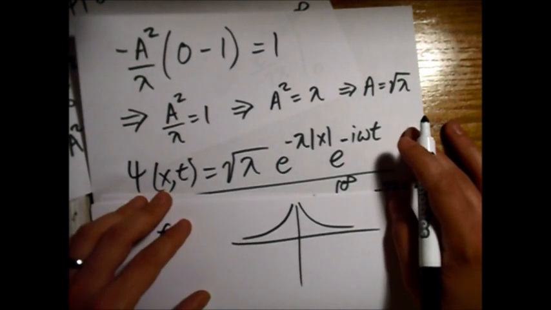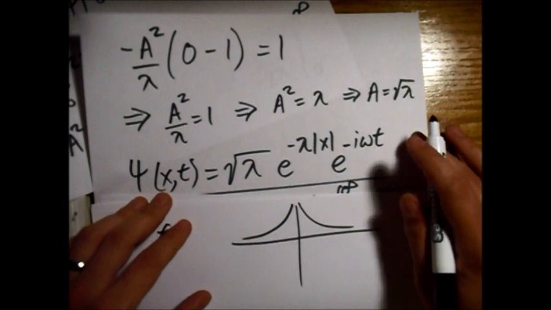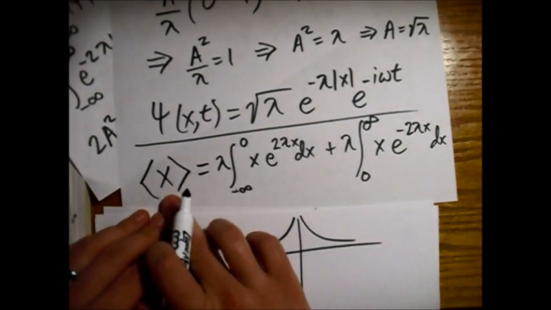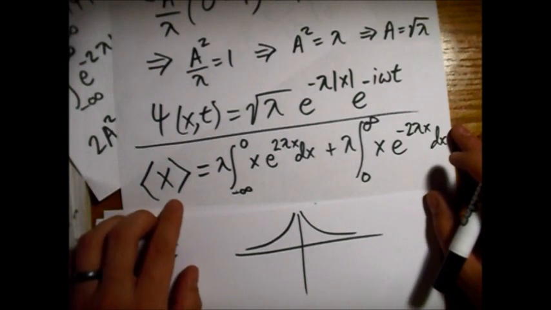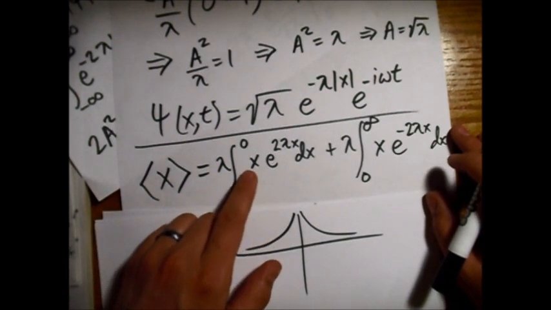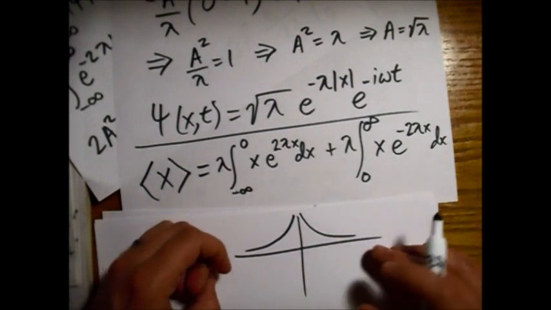And if you just draw the x that we're taking this expectation value of, that's going to be negative for negative x and positive for positive x.